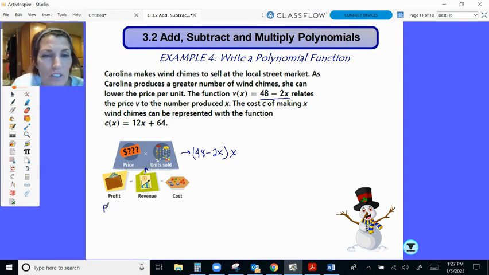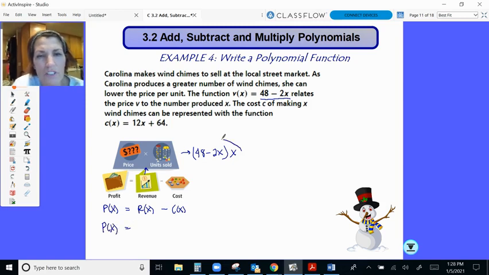Okay, so this p of x, some function p of x, is going to equal my revenue function r of x minus my cost, c of x. So my profit, p of x, is going to be, we just determined this is what my revenue is right here, my r of x. We kind of calculated that.